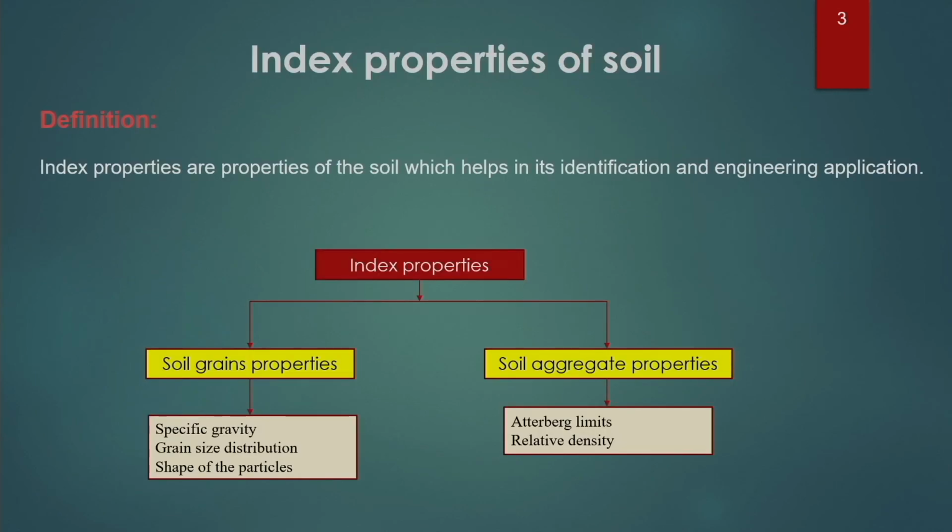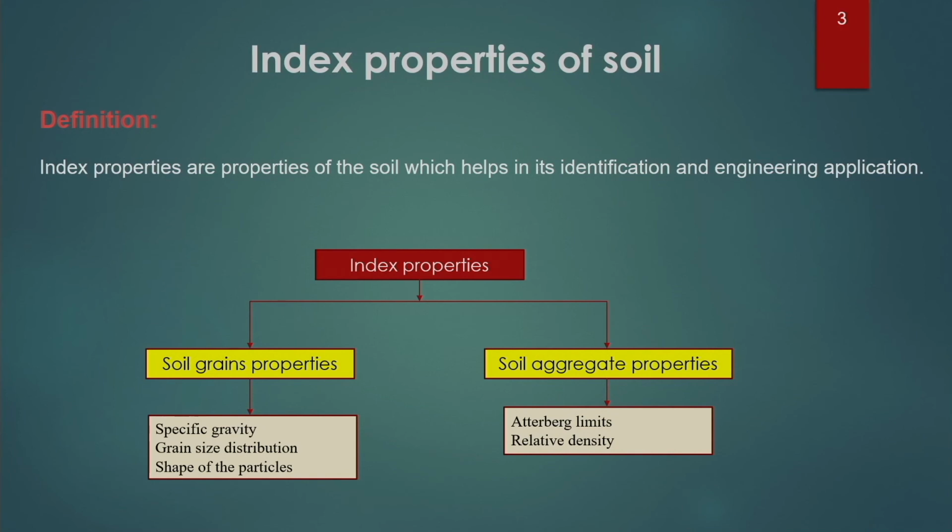Initially we will start with the index properties of the soil. As you know, index properties of the soil are the properties which help in its identification and engineering application. Generally all these tests are done in the laboratory, and this gives us some idea about how the soil will behave in the field.